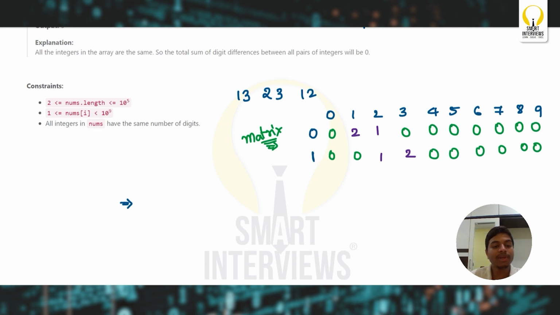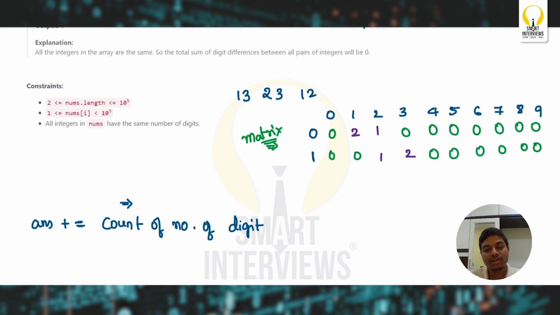As I said, what if we can simply get answer plus equals count of number of digit i at that particular position, either the 0th or the first position. Can I just simply do something like this?